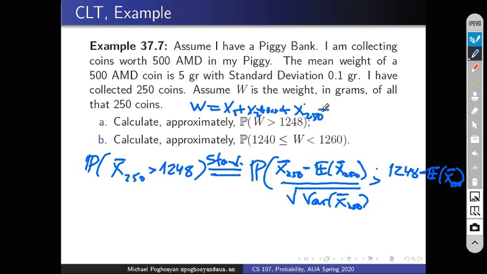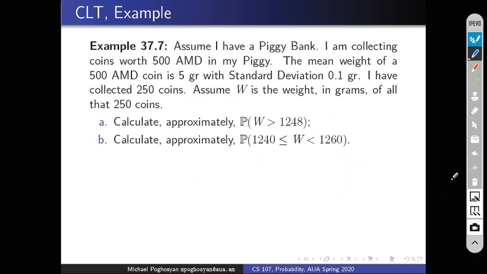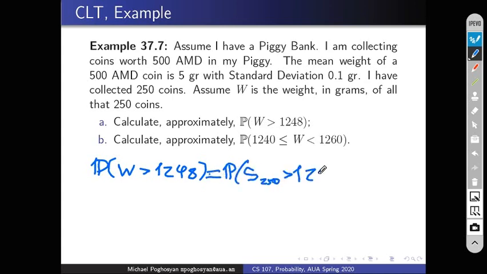This is not X bar, but S250. Sorry for that. I will correct. So I'm erasing and writing the probability that W is larger than 1248. This is the probability that S250 is larger than 1248. And now I'm standardizing.